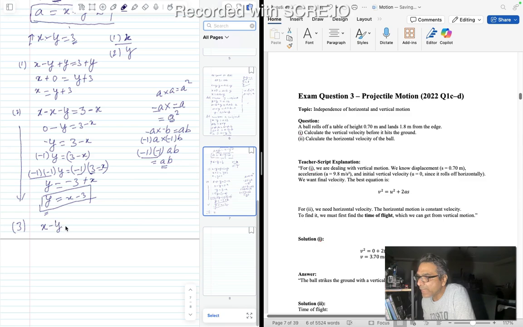Okay, so we have x minus y equals 3. This is the equation, right? So now we have to solve for y. So I can swap both of the values. I can take this value here and y here.